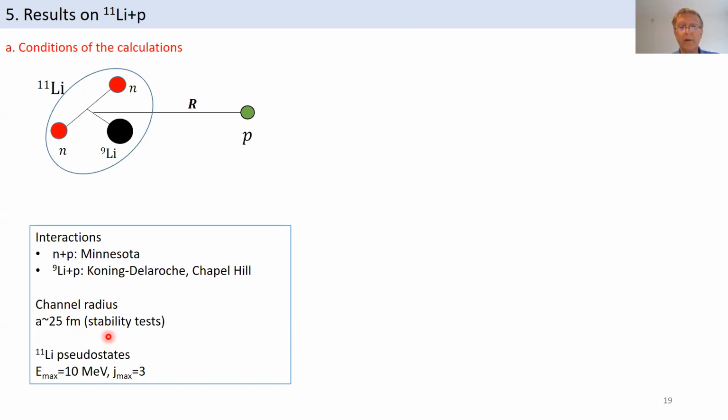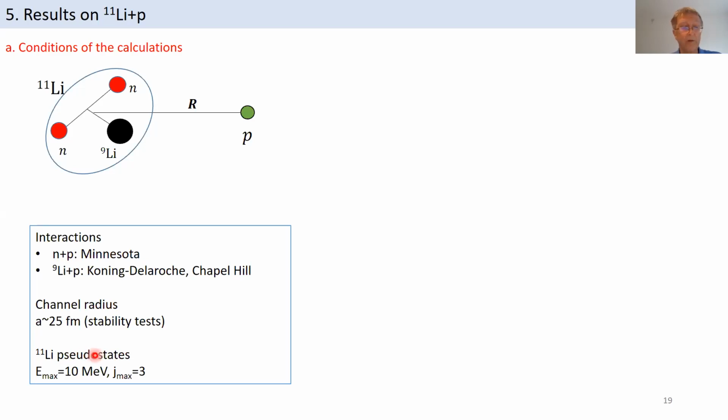So the channel radius, well, I found that something around 25 is okay. This is not very large because the charge of the proton is 1. If you have heavy targets, for example, lead, then the Coulomb interaction is much stronger, and you have non-diagonal Coulomb terms which are important, and then you may need larger channel radii.